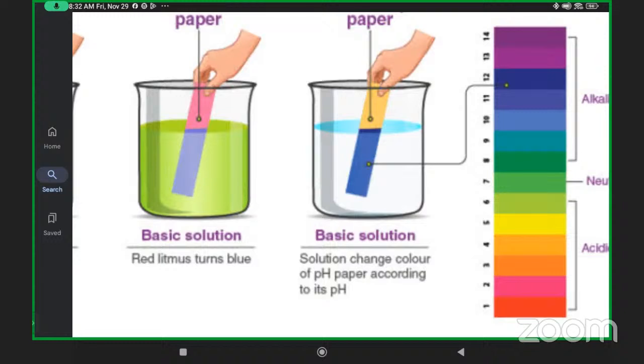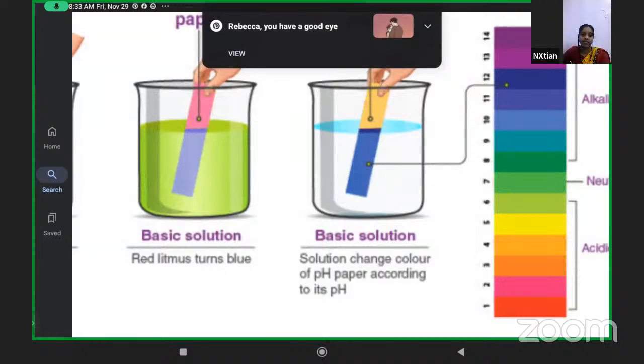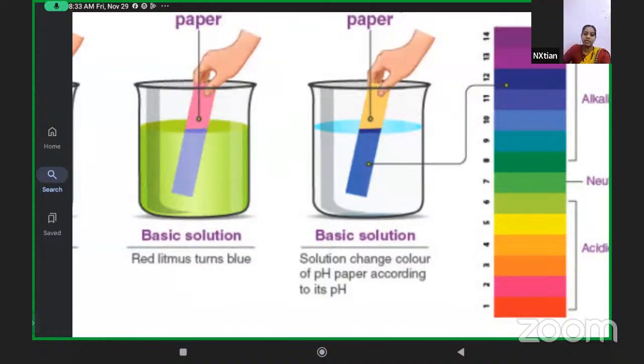Anaya. Okay. Yes, that is right. Simeon, lemons have citric acid. Abraham, the lemon has citric acid.